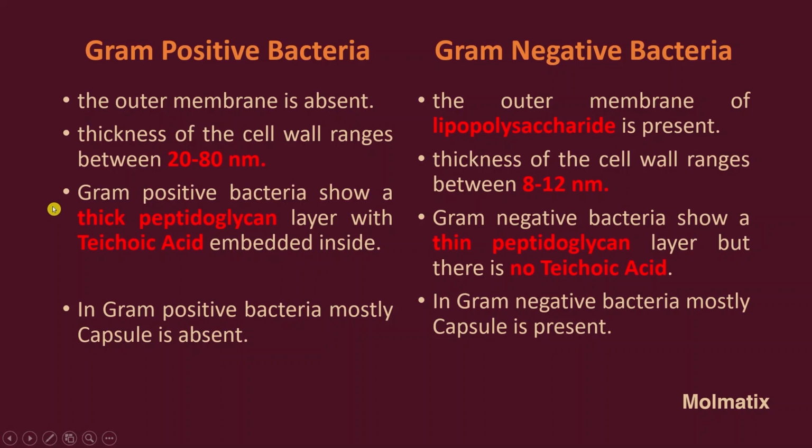Gram positive bacteria show a thick peptidoglycan layer with teichoic acid embedded inside, whereas gram negative bacteria show a thin peptidoglycan layer with no teichoic acid embedded inside it.